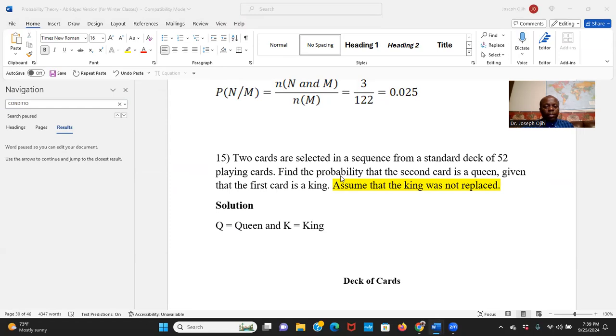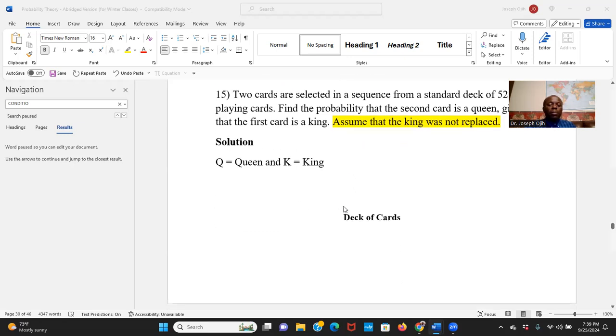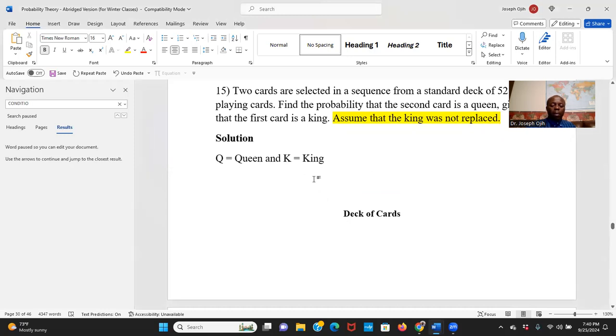Find the probability that the second card is a queen, given that the first card is a king. Assume that the king was not replaced. So when we make the selection, we're looking for the probability that the second card is a queen, given that the first card is a king.